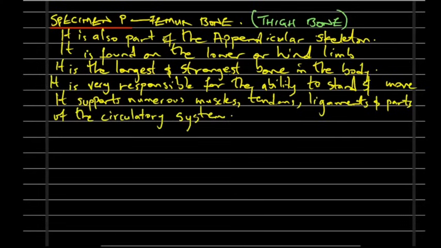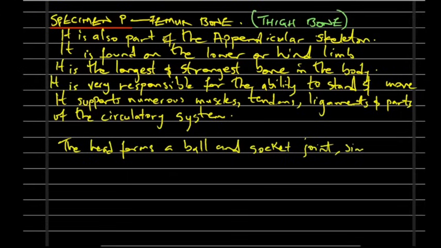Now, the head of it forms a ball and socket joint also, like that of the humerus. The head forms a ball and socket joint, similar to that found in the glenoid. So we have that here.